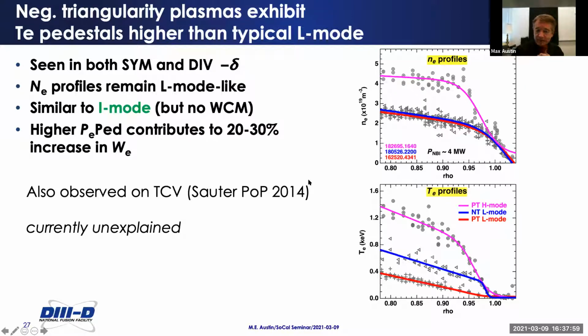This little steep temperature region at the edge was also observed on the TCV Tokamak and talked about briefly in this paper by Sauter. But we currently don't understand this. This is something we're just starting to look into: why, even though these are inherently L mode-like discharges, they have this sort of intermediate mode-like profile. And I note that there's no weakly coherent mode that characterizes the I mode, so it's got to be something different.